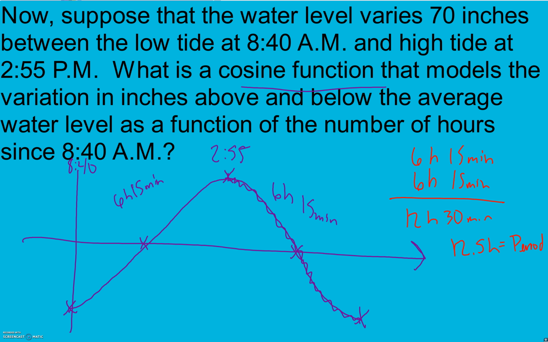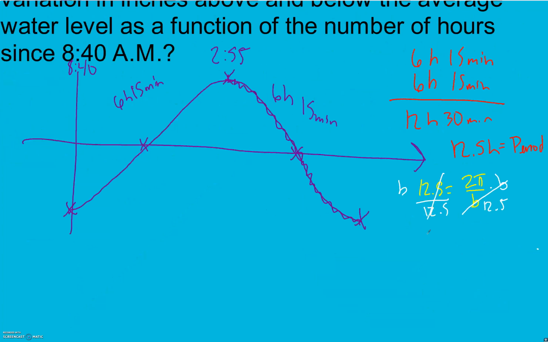That's helpful because it gives me my b value. So once I have my period, I have 12.5 equals 2 pi over b. Multiply by b on both sides. Divide by 12.5. And b equals 2 pi over 12.5.